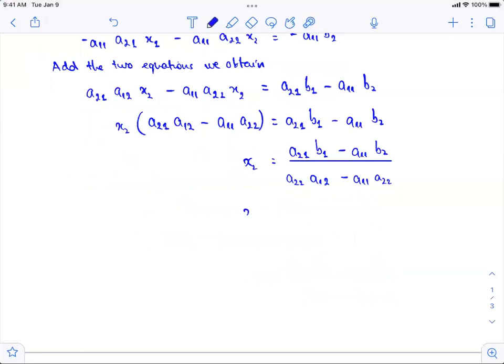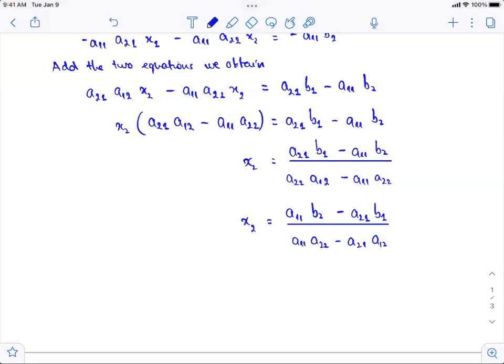So x2 becomes (a11 times b2 minus a21 times b1) divided by (a11 times a22 minus a21 times a12). That's the solution for x2.